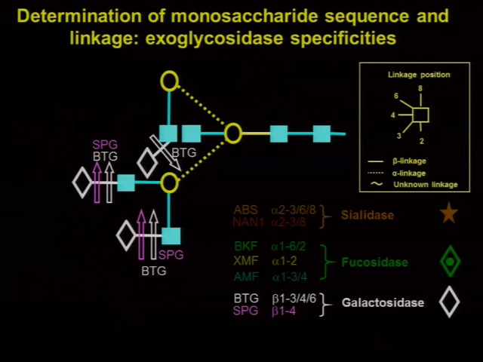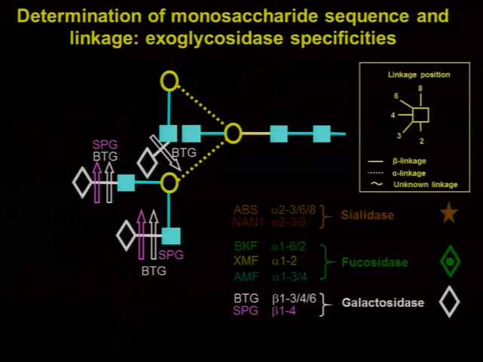So in the next array, you put in the sialidase and the fucosidase, but then you add a galactosidase. And there are two galactosidases. One takes off the 1,3 linkage preferentially, and one takes off the 1,4 linked galactose preferentially. So using these two enzymes, you can distinguish a 3 linkage here from a 4 linkage here. As I say, this one can take off 3 and 4 linkages, but this one only takes off 4.